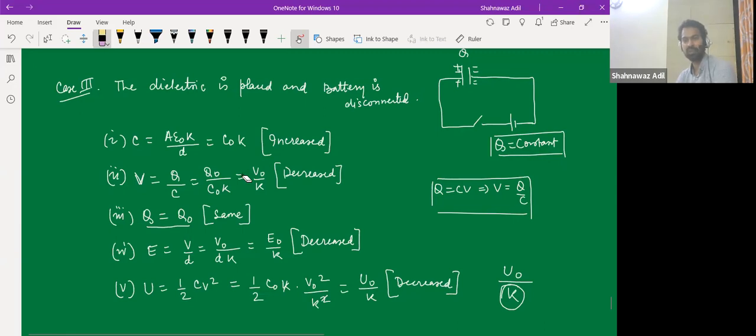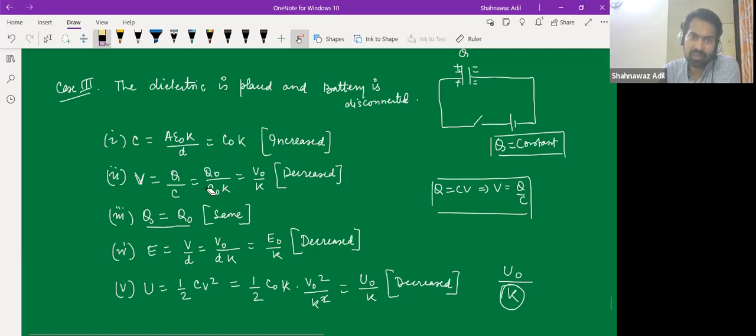Sir, if there is lesser capacitance, there will be more voltage. Yeah, if the capacitance is more, then it will be decreased, right? What did you say? I asked if capacitance is less, then voltage will be more.